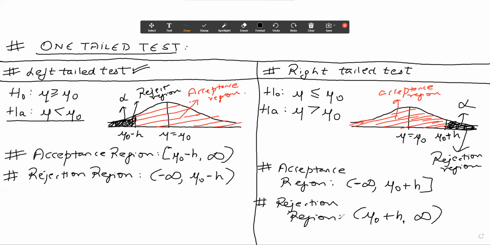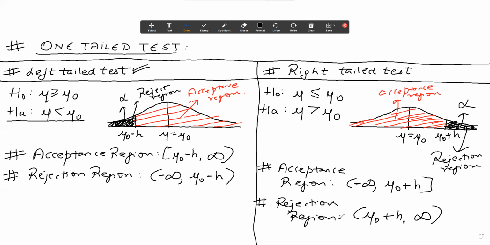Type 2 error is accepting the null hypothesis when ideally it should be rejected. You have seen the diagrams also where I've shown you alpha and beta, where alpha is the probability of type 1 error, called the level of significance of a test. Beta is the probability of type 2 error, and 1 minus beta is called the power of the test.